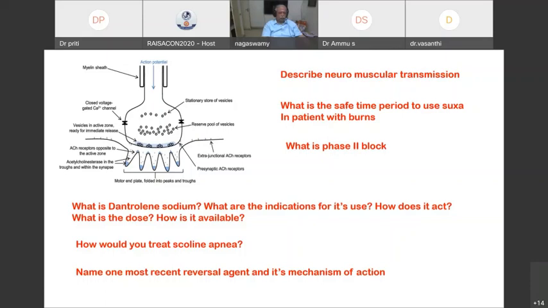Okay, so mainly supportive treatment, and if the surgery is over, the patient is likely to become aware and conscious, that may cause tachycardia and hypertension. So if you diagnose scoline apnea, you have to maintain some form of awareness prevention, either by maintaining anesthesia or by giving sedatives, so that the patient does not become aware and remain paralyzed or get agitated.